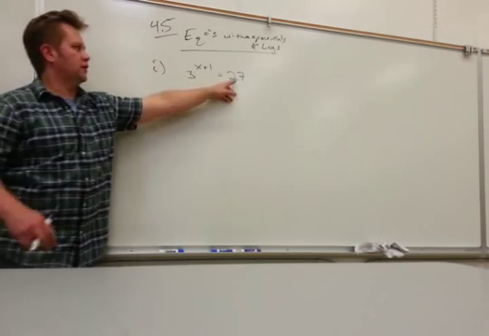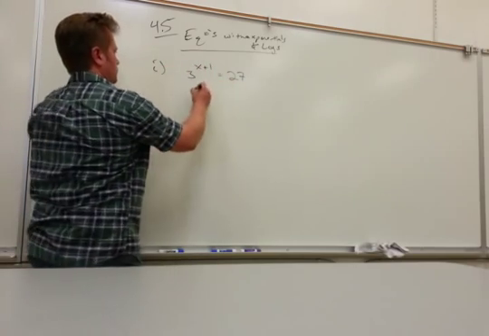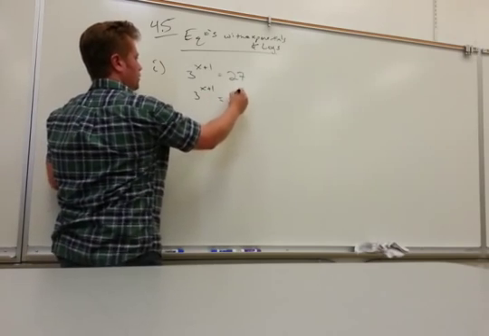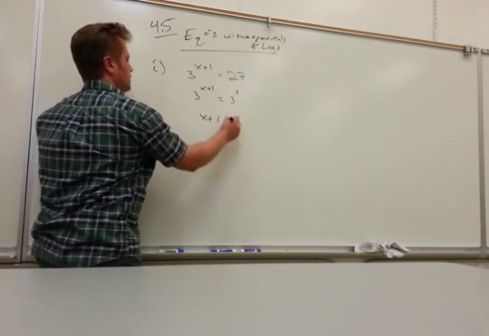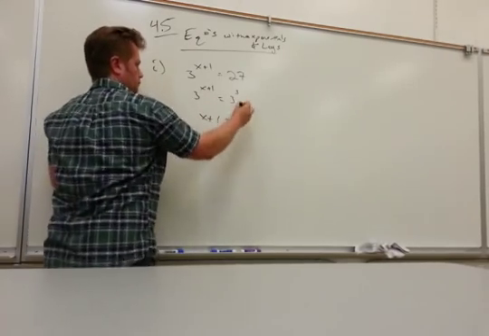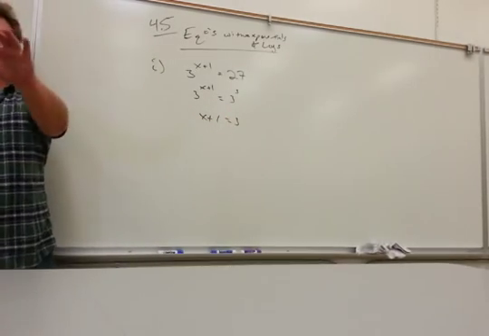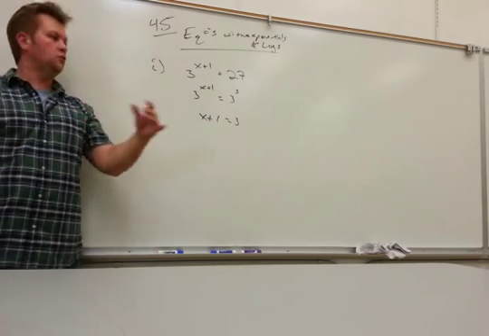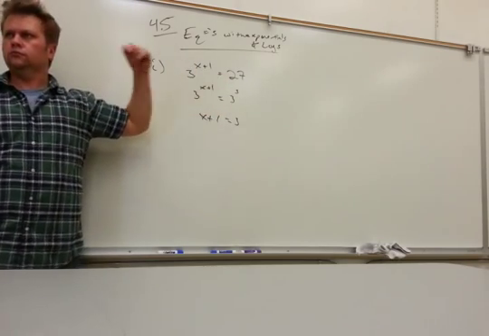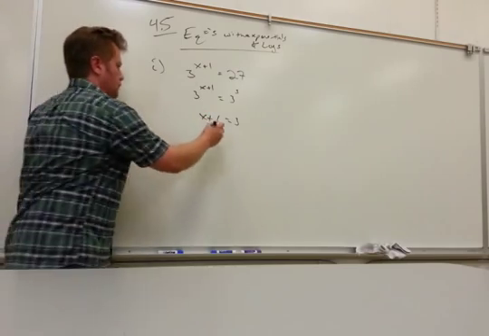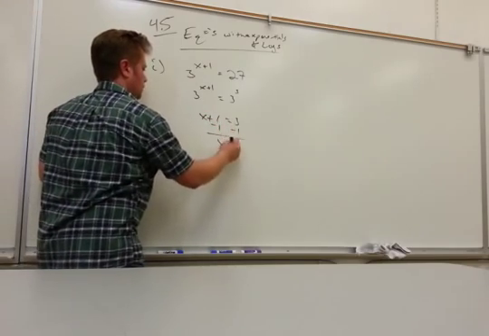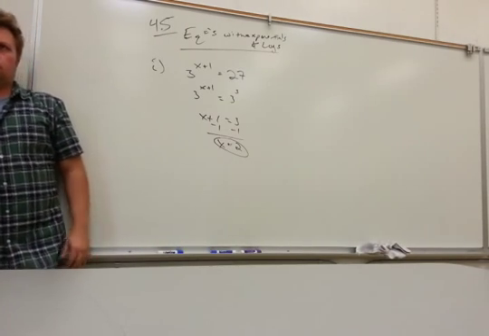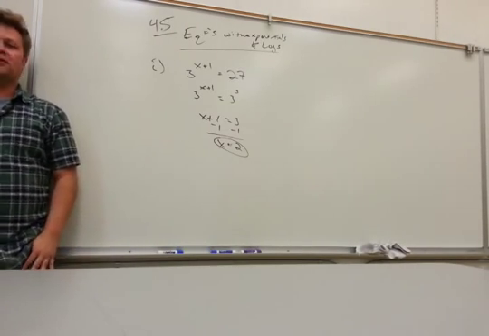So I'm going to rewrite 27 as 3 to a power. So 3 to the x plus 1 is supposed to be 3 to the third. X plus 1 has to be 3. So if you can make the bases the same, then you can just equate the exponents, because that must be true to make this equality true. So that's really nice, when you can make the bases the same.